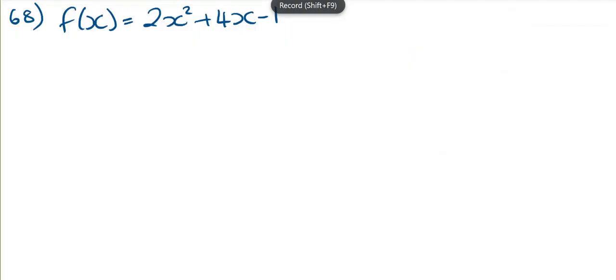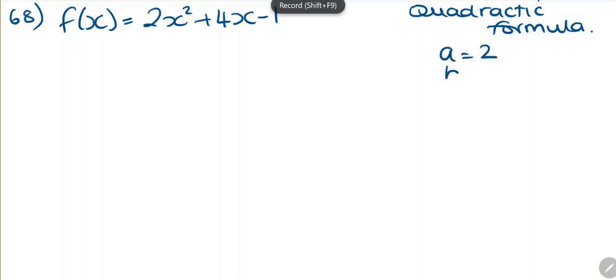Okay, so question 68. We have f of x is 2x squared plus 4x minus 1. This cannot be factored, so we're going to use the quadratic formula. So we have our values. a is 2, b is 4, and c is minus 1.